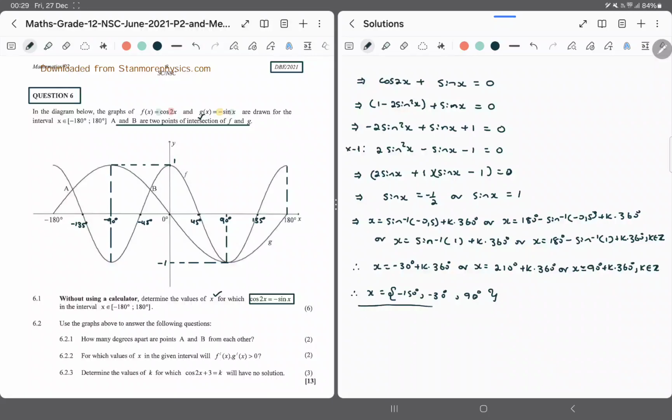So these are the solutions. Okay guys, so these solutions, the graph is already giving us that impression that indeed this should be one of them. This should also be one of them. And if we want to write, this is minus 150. This should be minus 30 degrees. Great, so that is fine.